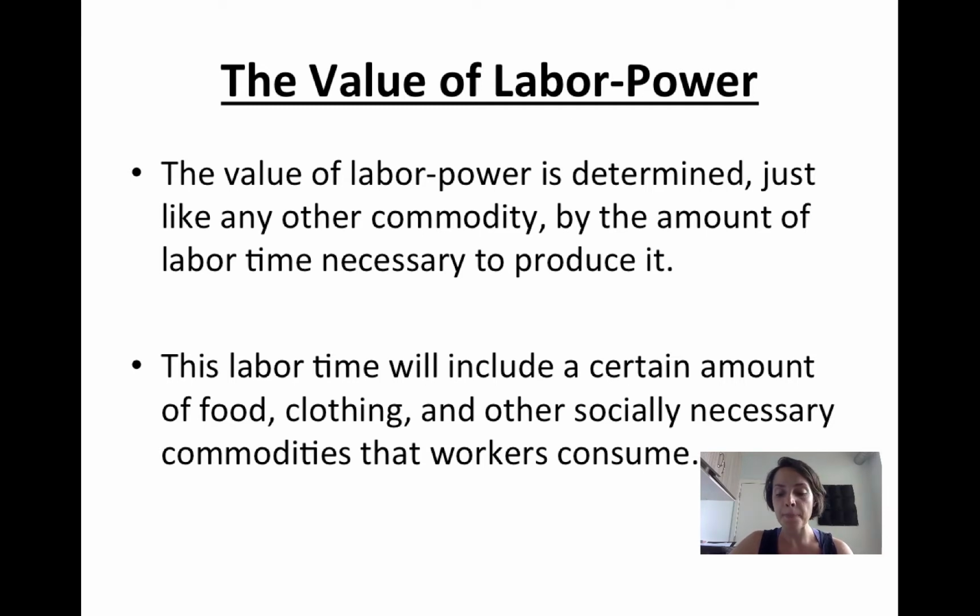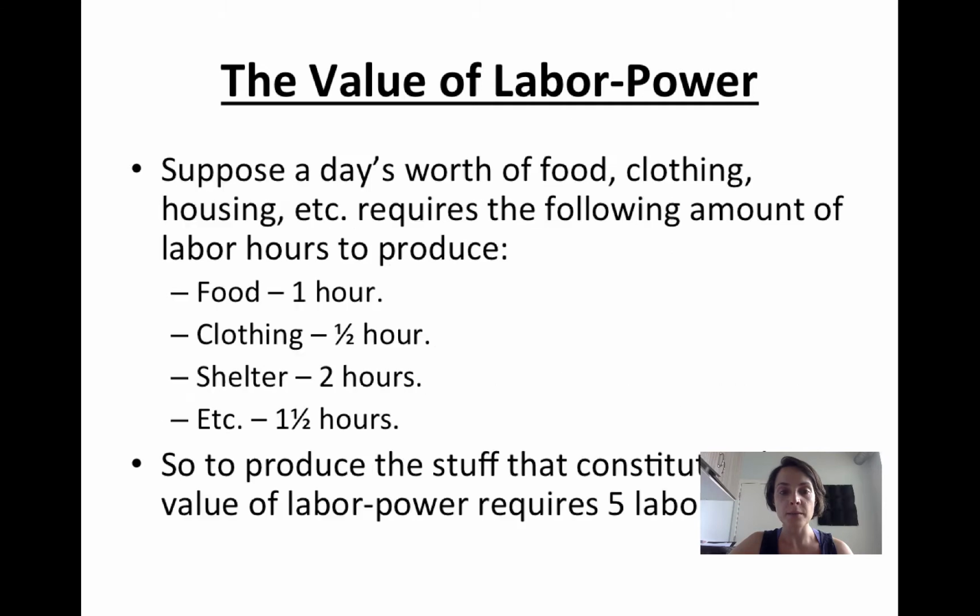So, all right. That being said, Marx will go on and suppose that 1 day's worth of food, clothing, housing, etc., requires the following amount of labor hours to produce.